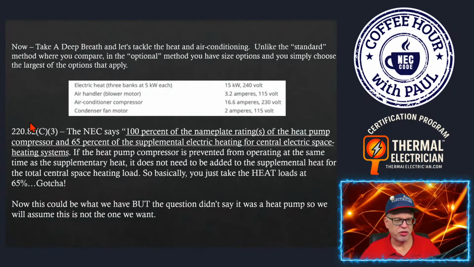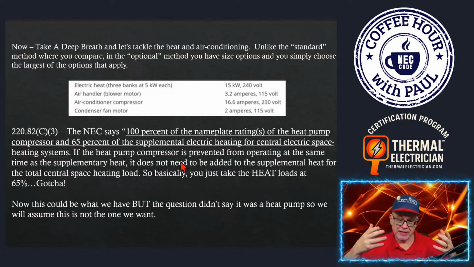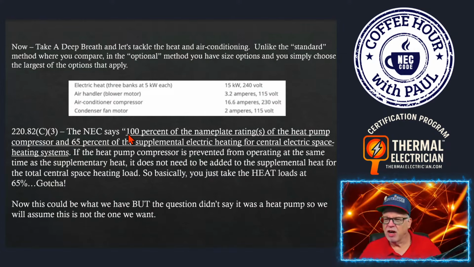All right, C3. Now, this one is a lot of the areas in the country, like where I'm at. It says 100% of the nameplate rating of the heat pump compressor, so we're taking the value from the nameplate, and 65% of the supplemental electric heat from the central electric space heating system.